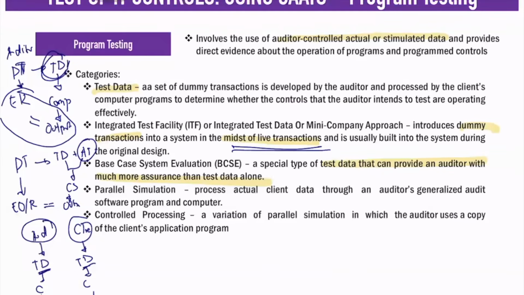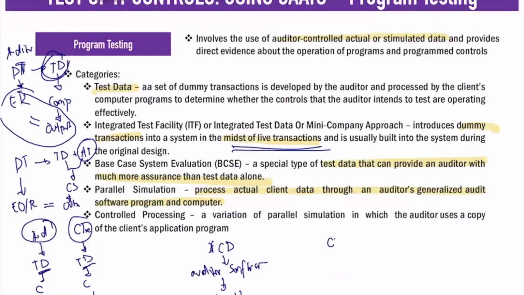Next, we have your parallel simulation. In your parallel simulation, you process actual client data through an auditor's generalized audit software program or computer. So the auditor now has an auditor software. The client data will be entered into your auditor software and there will be results.